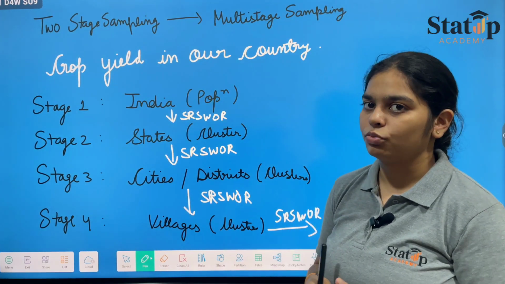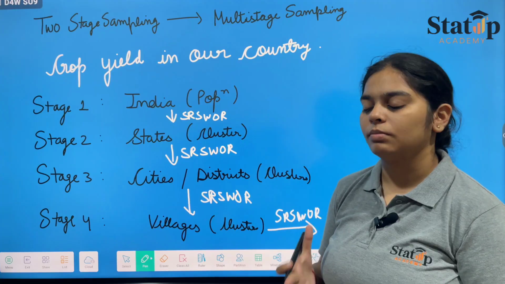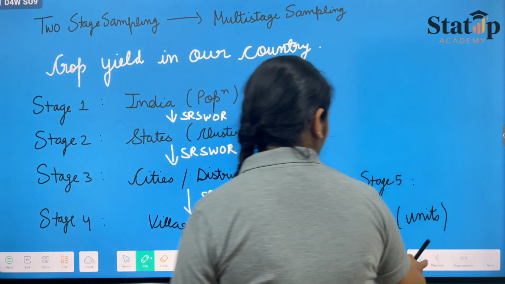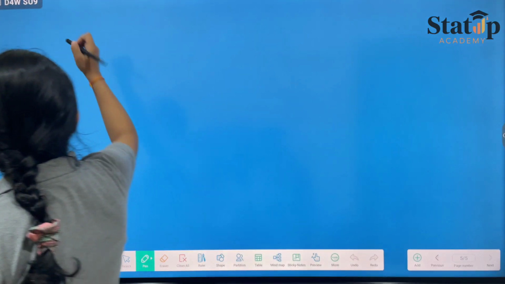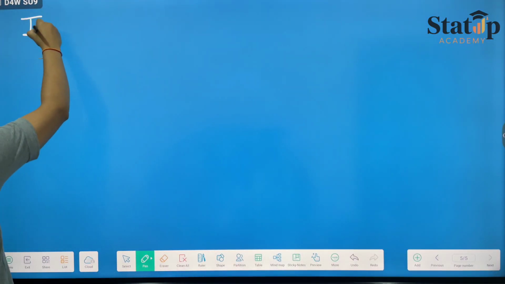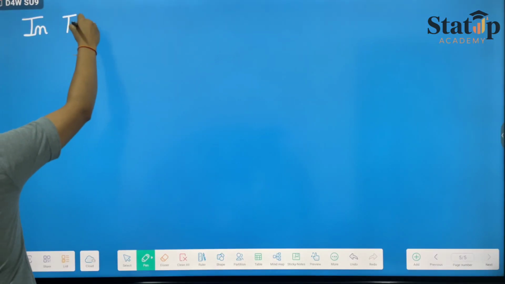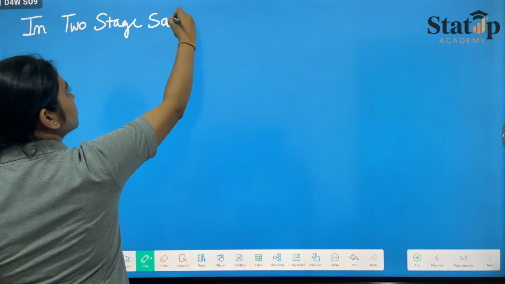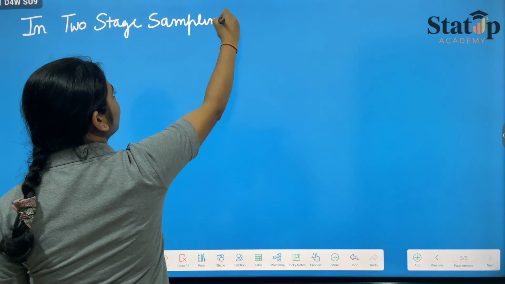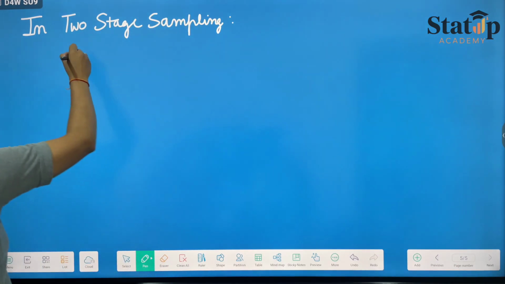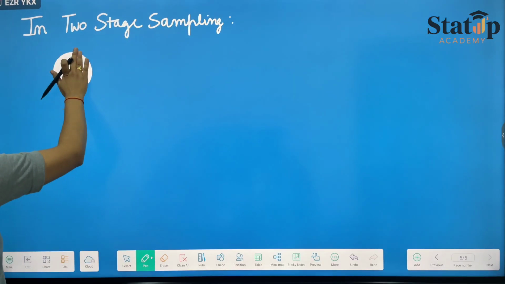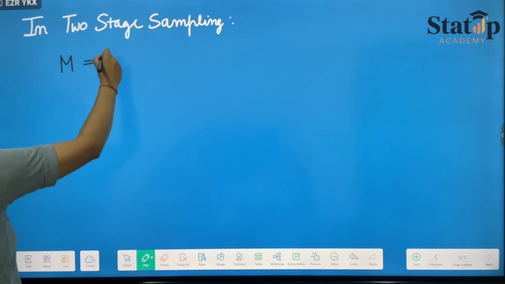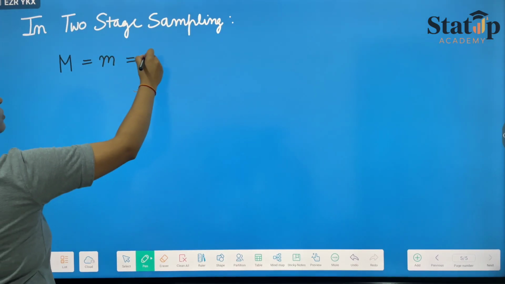Two stages is known as two-stage sampling. More than 2 is known as multi-stage sampling. Suppose in two-stage sampling, capital M is equal to small m is equal to 1.